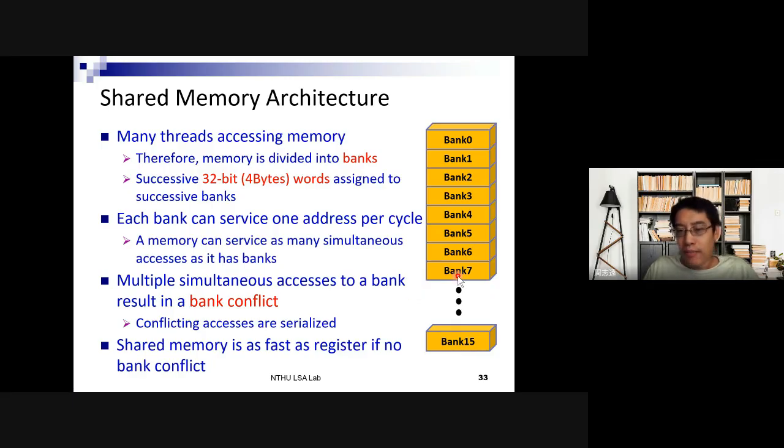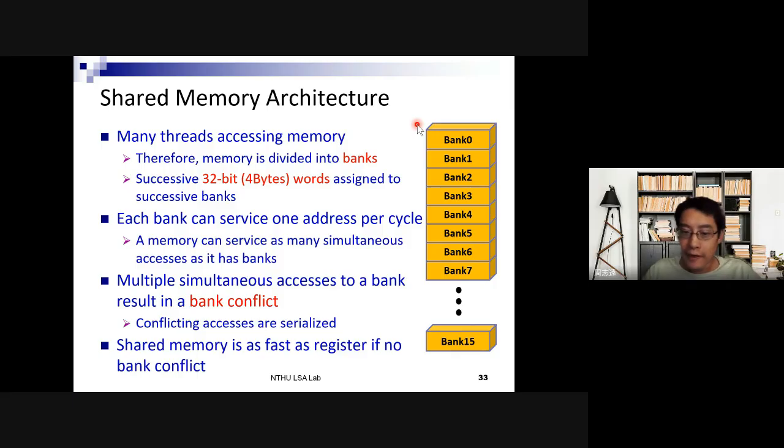So it can maximize your bandwidth. Of course, if your data is striped across all 16 banks, and you access one element from each bank at the same time, then you can fully utilize the bandwidth from your computing core to the shared memory.